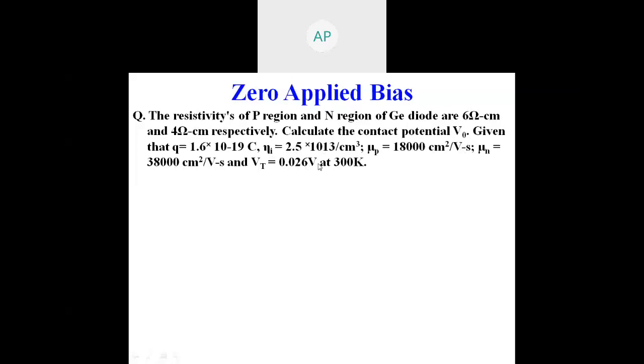Now we want to calculate the contact potential barrier. We have this expression: the contact potential barrier is given as Vt log to the base e of Na into Nd divided by Ni square.